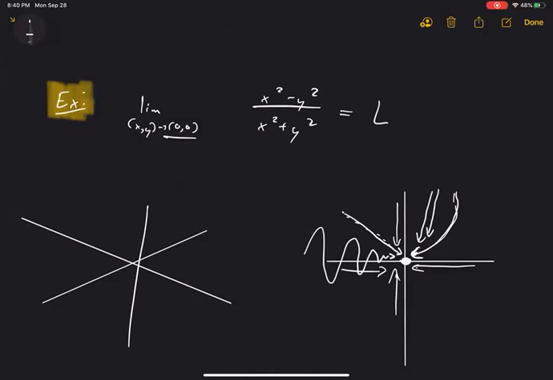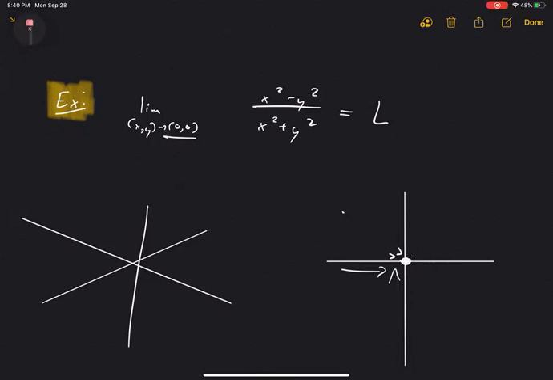Now, obviously, there's too many paths to check, right? It's an infinite number of paths, and they could even be uglier than this. I have these curves approaching my origin, but the approach doesn't even have to be a nice smooth curve. It could be a bunch of points that jump all over the place and just eventually get closer and closer to the origin.